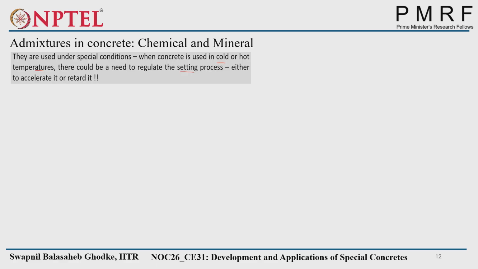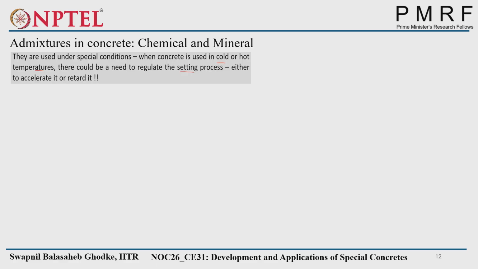So further, there are different types of admixtures available, chemical and mineral. Everyone knows about the superplasticizer. Most civil engineers know about the superplasticizer, which is easily used in the labs or at the construction site.